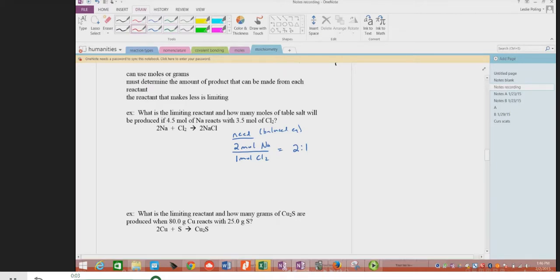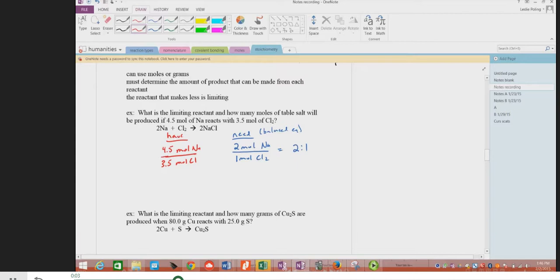So what do we have? Got to keep sodium on top. So moles of sodium, we have 4.5. And moles of chlorine, we have 3.5.